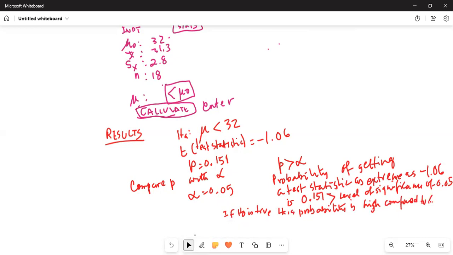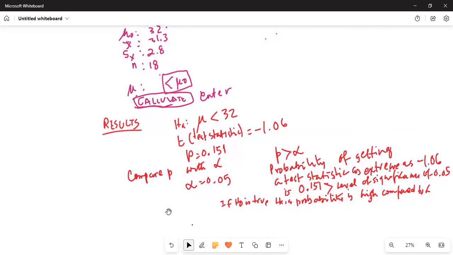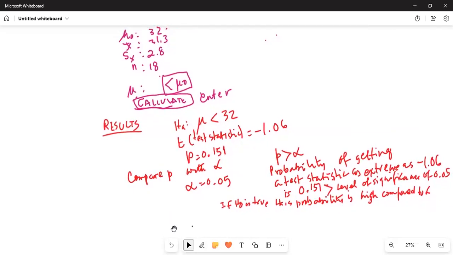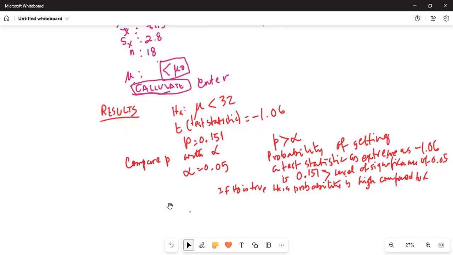The hint is the smaller the value of P, the stronger is the evidence against H0. But here we have gotten a large value of P, which is greater than alpha. So my decision is, do not reject H0.